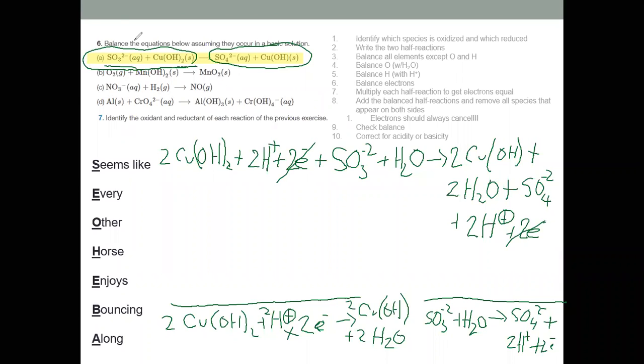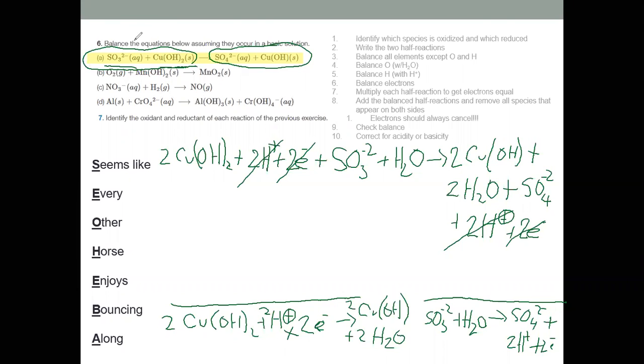Okay. We see also that we have 2 protons there, 2 protons there. On the left we have 1 water molecule, and on the right we have 2, do we not?